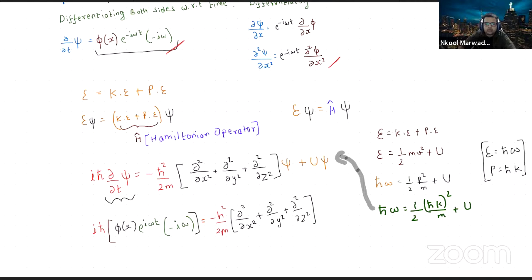Wave function, potential energy, and the wave multiplied by the wave. So this is clear to us.